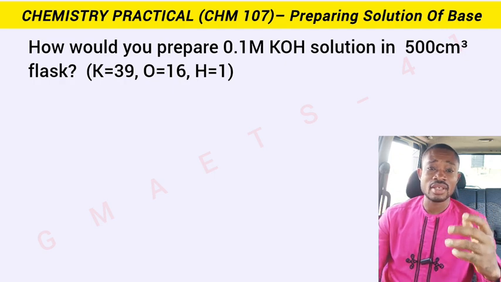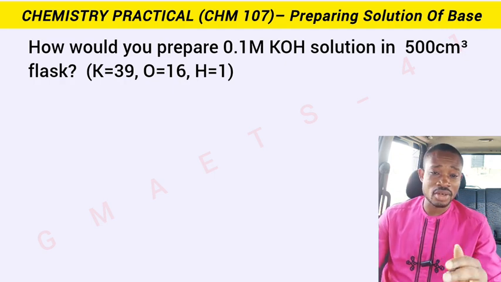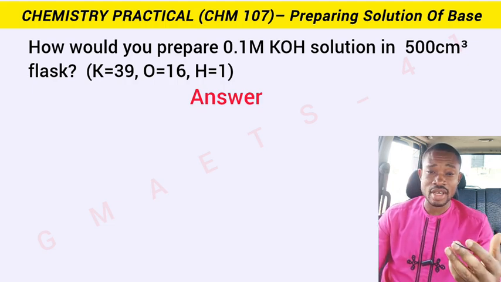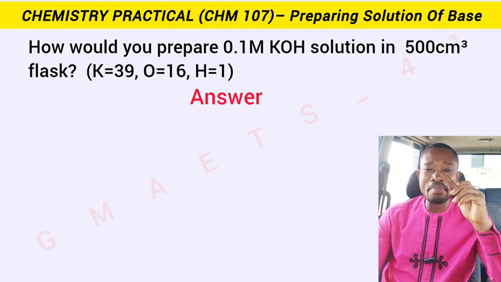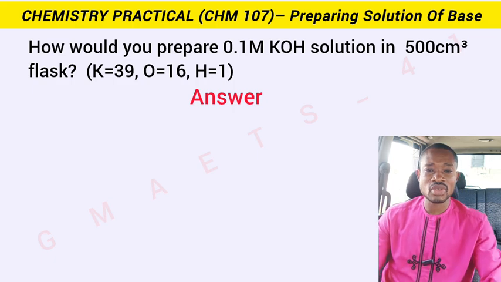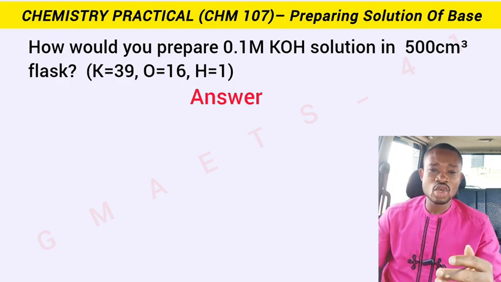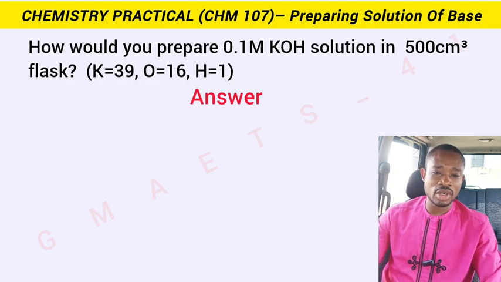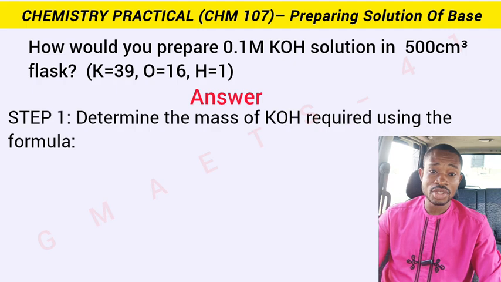So what is the first thing that a student is expected to know? The first step is to determine the mass, I repeat, the mass of potassium hydroxide that needs to be weighed and dissolved in the given volume of solution, 500 cm cube.